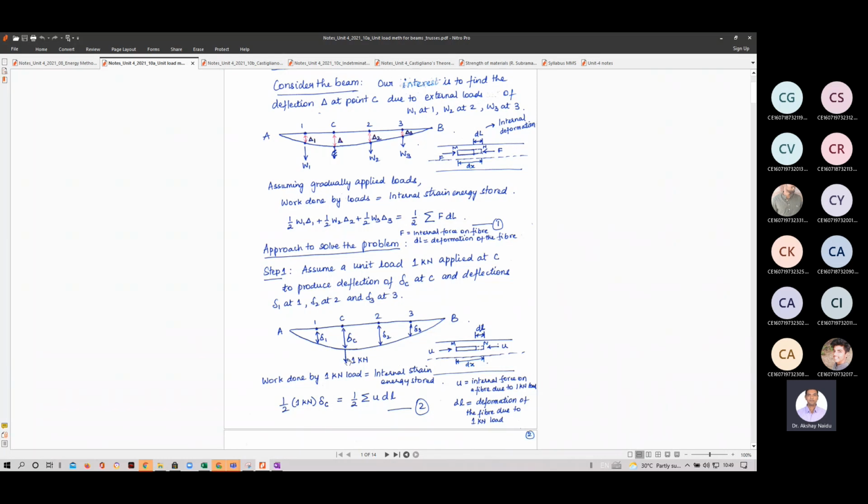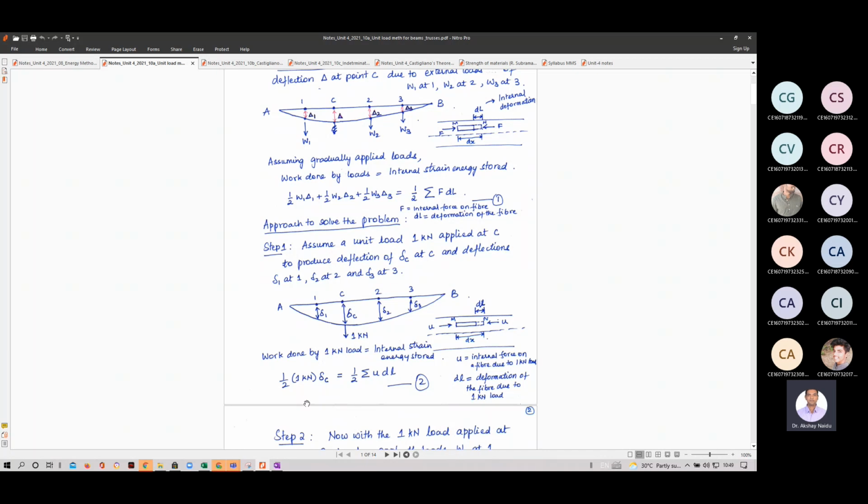Now due to unit load, the internal strain energy stored is one half into 1 kilonewton into delta, which is half times load times displacement. The internal strain, the compressive strain in the member.